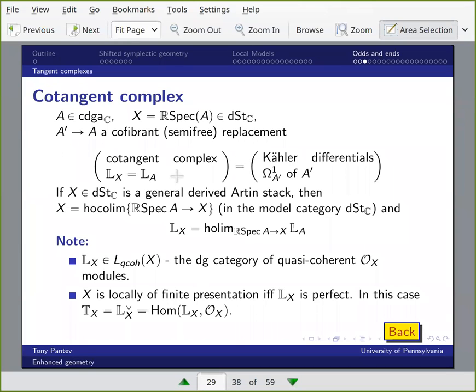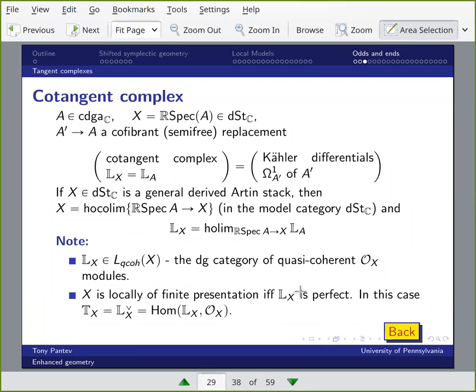And in this world of singular or derived or stacky spaces, this is the analog of a smooth space. Because for these types of algebras, the cotangent complex is actually perfect. It's a complex that's locally quasi-isomorphic to a complex of finitely many free modules or finitely many vector bundles.